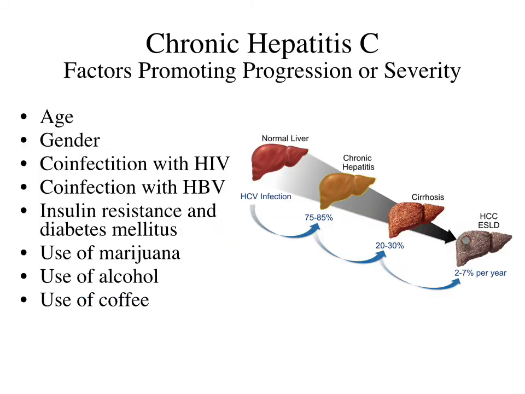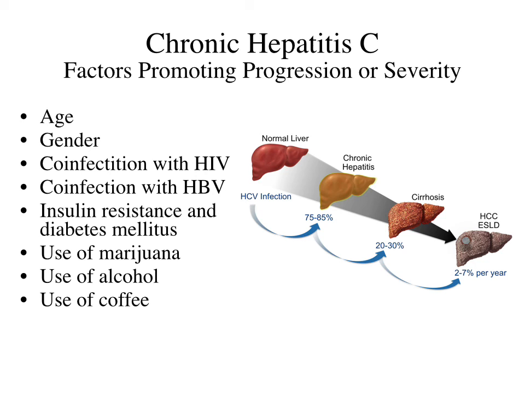There are a number of factors that promote the progression or severity of hepatitis C infections. We've already talked about how age and gender can impact the ability to clear the virus from the body. Co-infection with HIV tends to result in a poor prognosis for a patient, as does co-infection with hepatitis B virus.